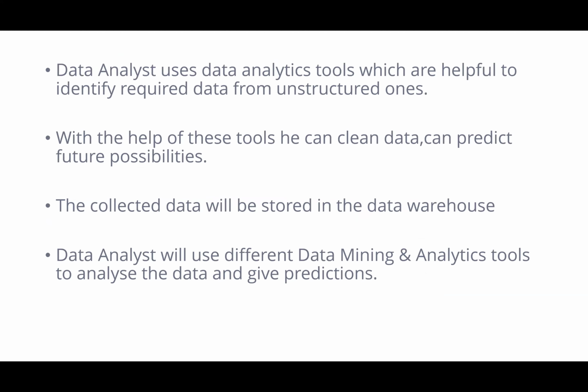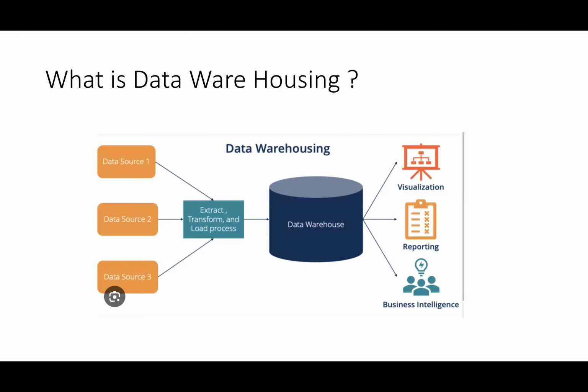In the previous classes, we also discussed what is data warehousing. I told you, a data analyst or data scientist will take the data from different sources and load it into a data warehouse. For example, take Big Basket, Zepto, or Blinkit.